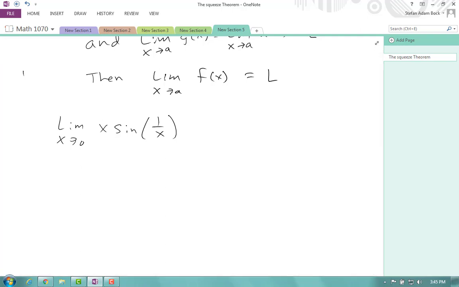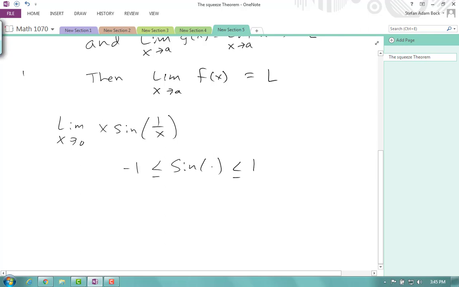But what I do know is that sine of anything is always between -1 and 1. So what I can do is say, hey, I've got x times -1 is less than or equal to x times sine of 1 over x, which is less than or equal to x times +1.